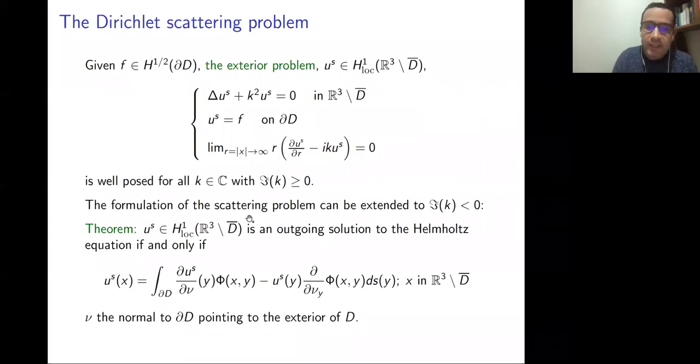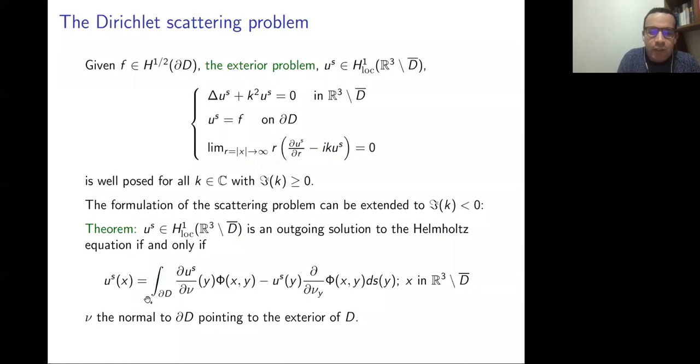And the way that allows us to prove things later is the following. In fact, it can be proved, and this is also very classical, that the scattered field can be represented in terms of a potential on the boundary of the obstacle.